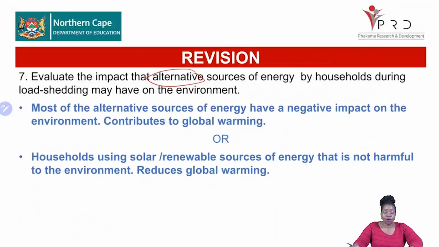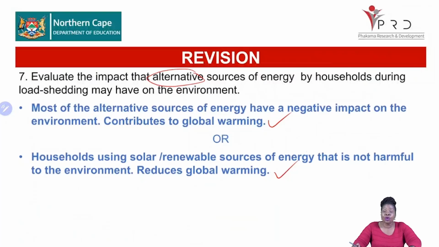Right. So most of the alternative sources of energy have a negative impact on the environment, which means they contribute to global warming. Or it's not all of them that have a negative impact. So households using solar or renewable sources of energy is not harmful to the environment and reduces global warming.